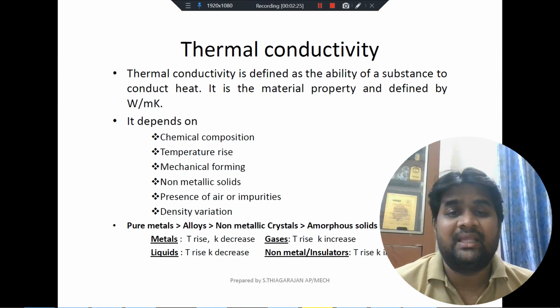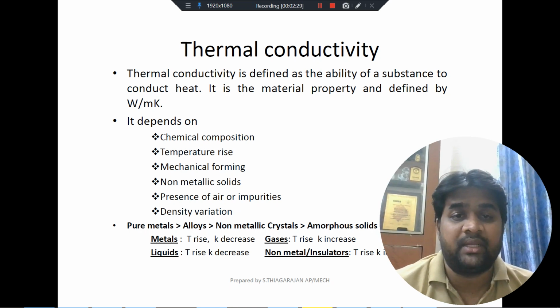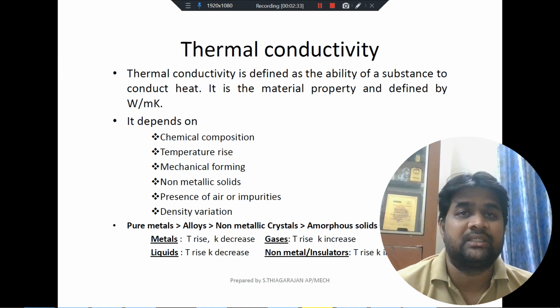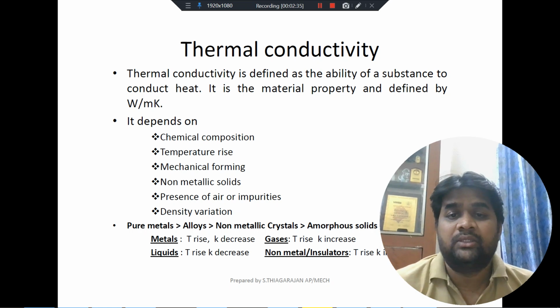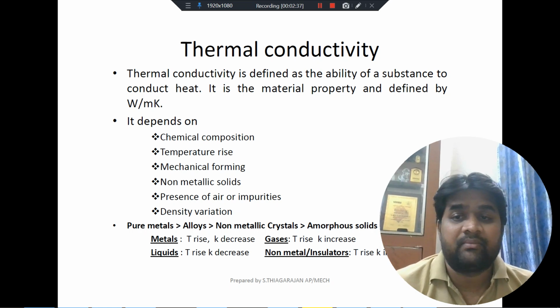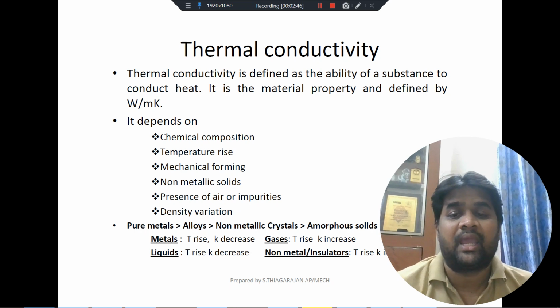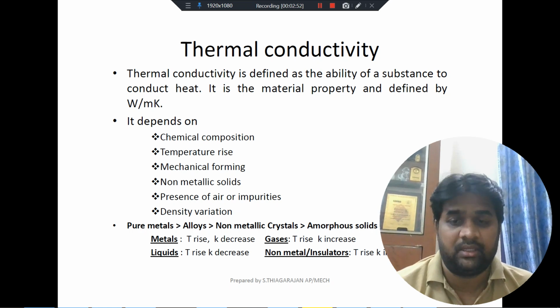Next, the thermal conductivity. As discussed, this is a material property. It represents how much heat is conducted by the system. It is a material property and is defined in watt per meter Kelvin. It depends on the chemical composition of the substance, the rise in temperature, and many other things like voids and the chemical and physical properties of the material.